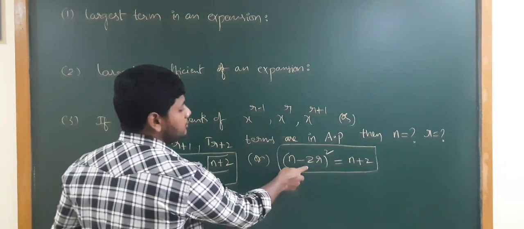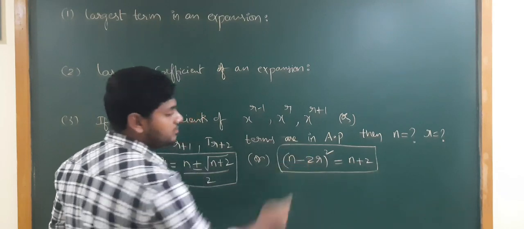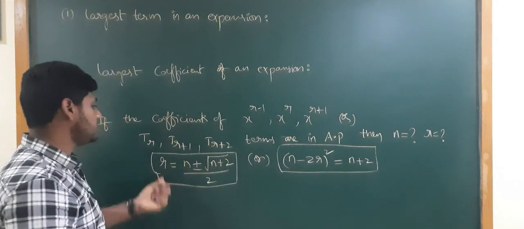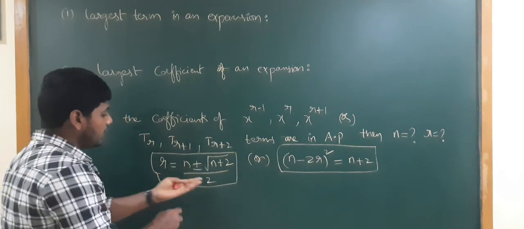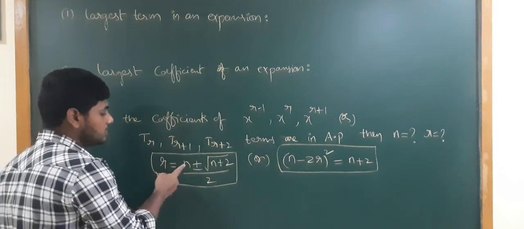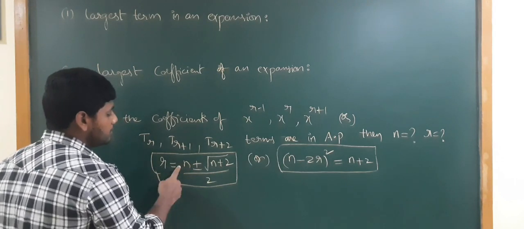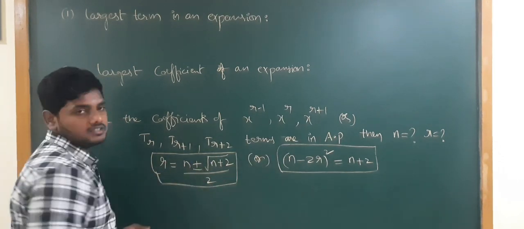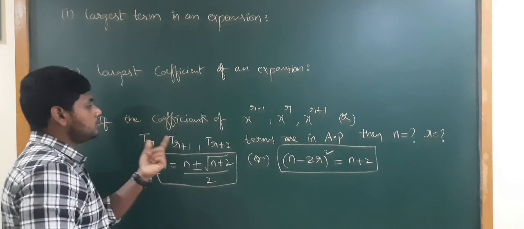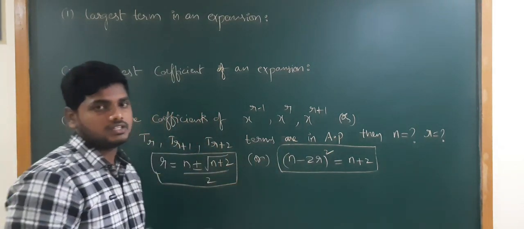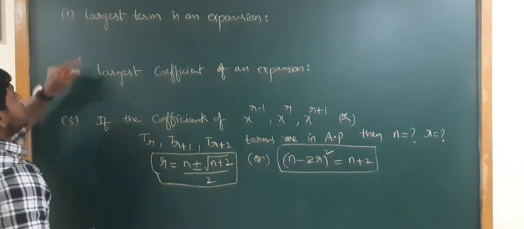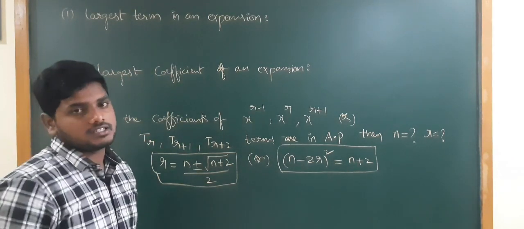This formula will be useful to find the n value easily, and this is used to find the r value easily. Both are the same formula only. If you do alterations like this, it will become n minus 2r. So both formulas are the same. So when those terms are in AP, we find the n value or r value by using this formula.